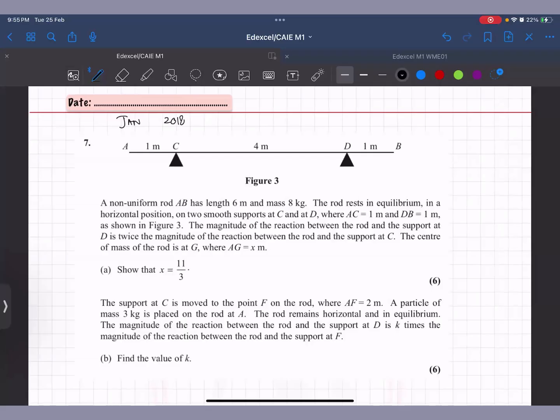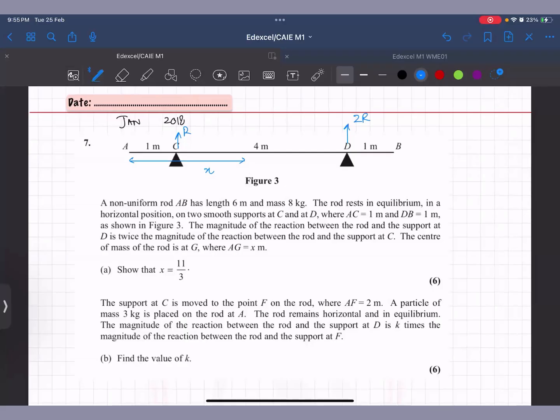The magnitude of the reaction at D is twice the magnitude of the reaction at C. The center of mass is at G, where AG, we don't know where G is, is x. Show that x is equal to 11/3.